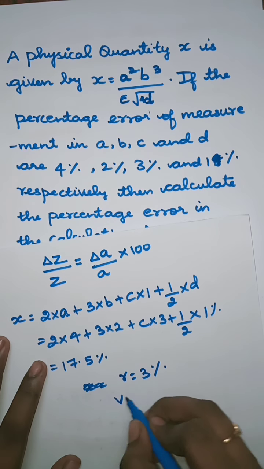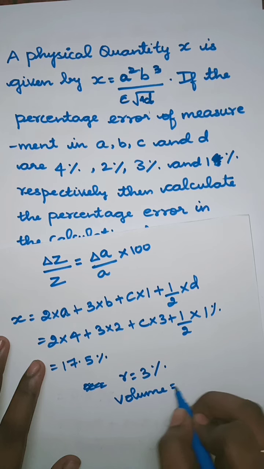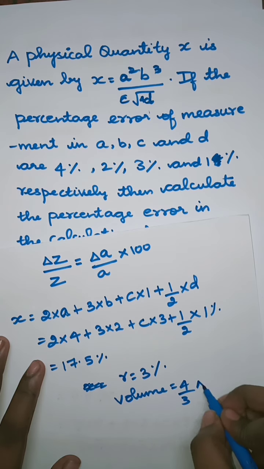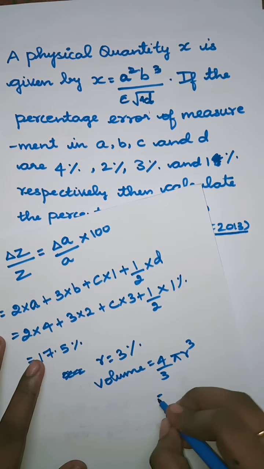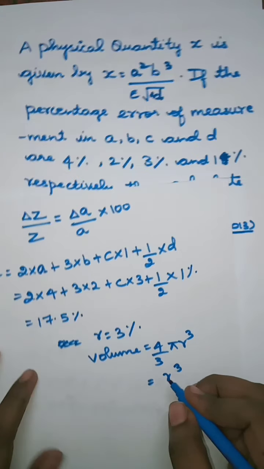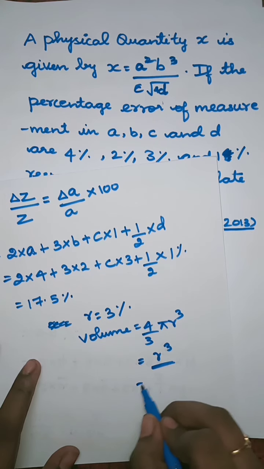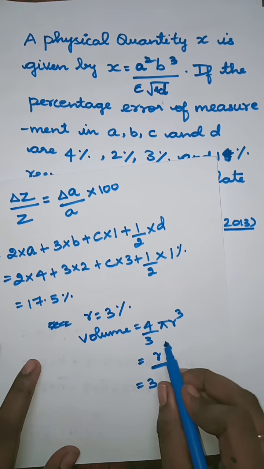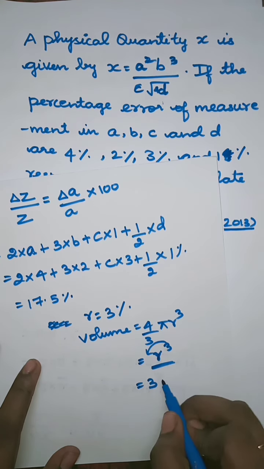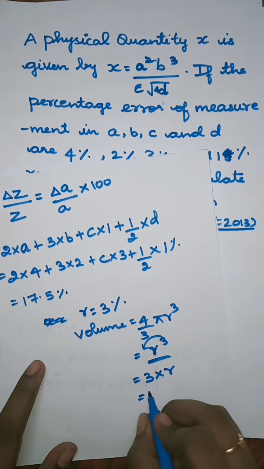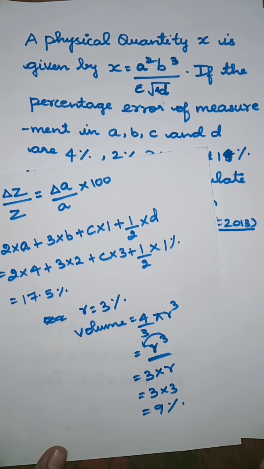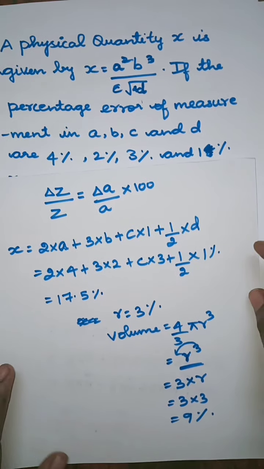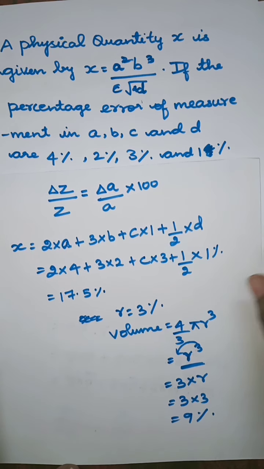Volume of the sphere is equal to 4 by 3 pi r cube. 4 by 3 pi are all constants, so r cube is the only thing that matters. Now you bring the power and multiply it by r: 3 into 3, which is 9%. Simply bring the power down and multiply it by the given value. This is a simple trick.